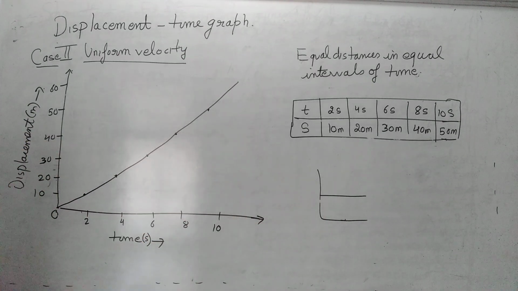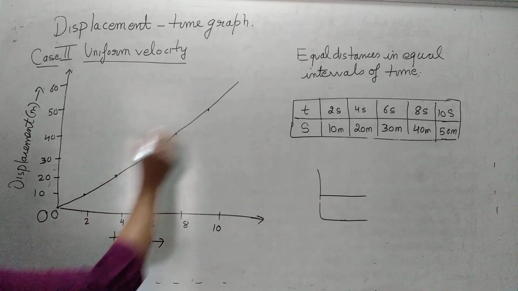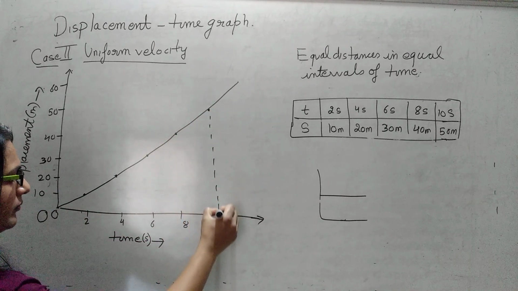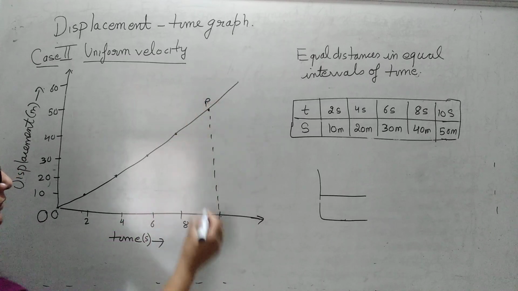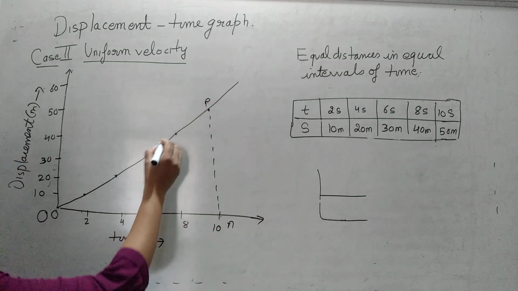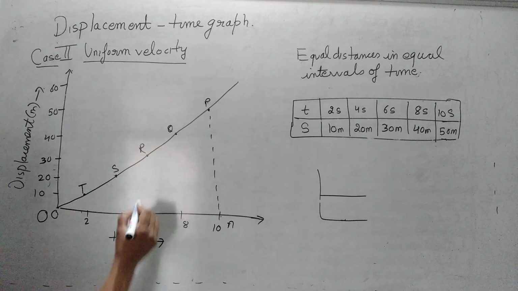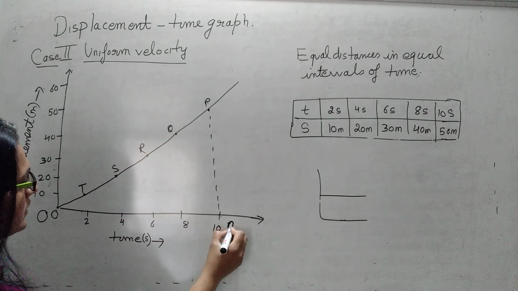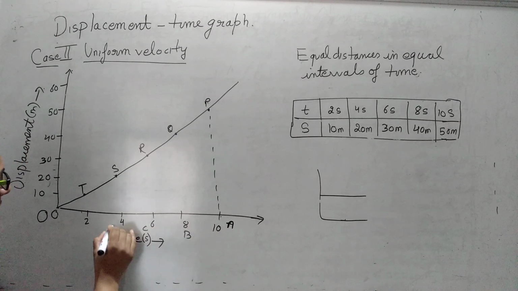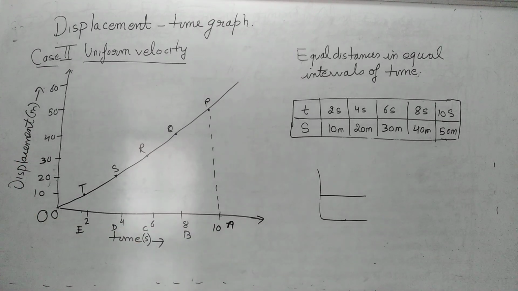How do we find the slope for this? Now see here, let us take this as the point O and let us take this as point P, this as A, this as Q, R, S, T, and let us take these points as A, B, C, D and E. How do we find the slope?